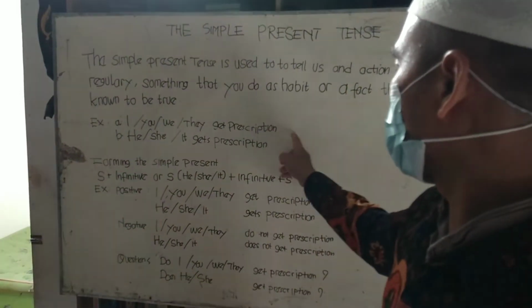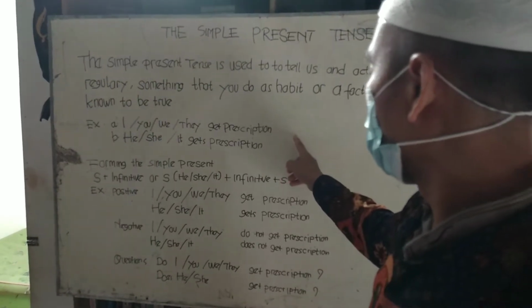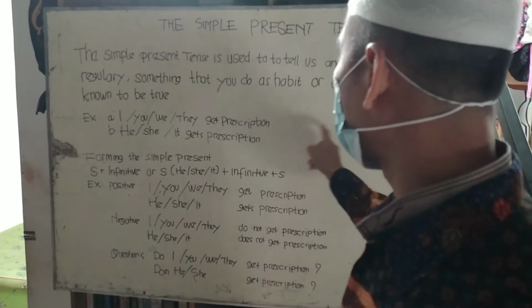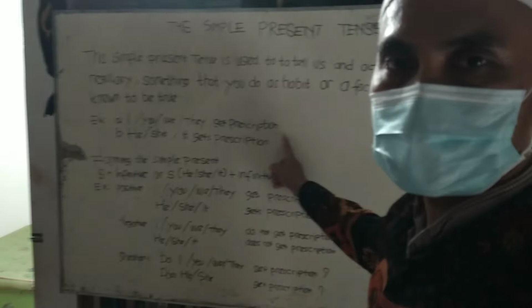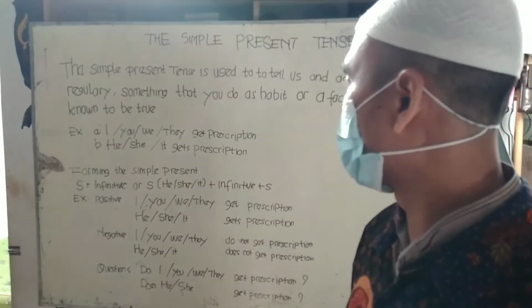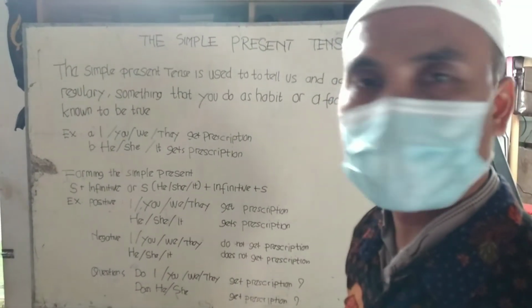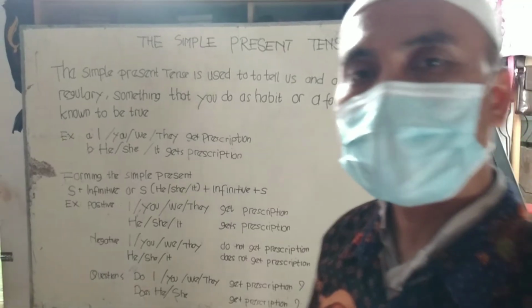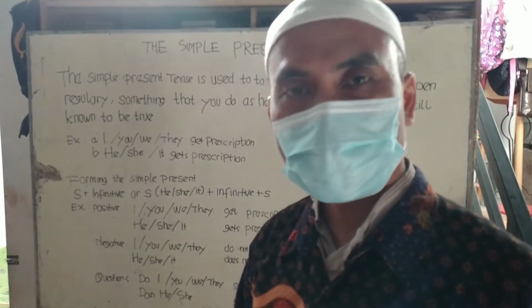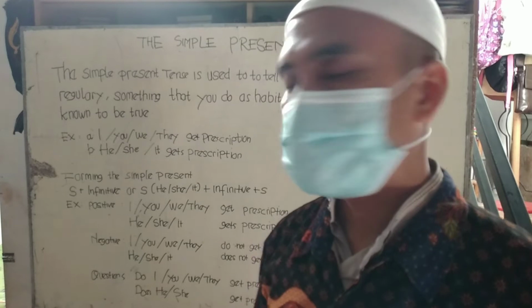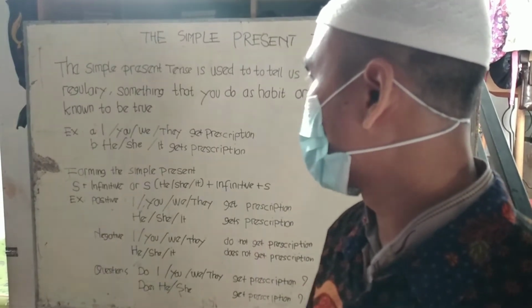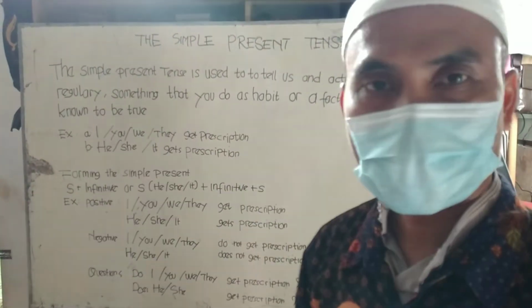And you can add again and again the adverb of time of the simple present tense, like every day, every time, or today. That is the adverb of time of the simple present tense.